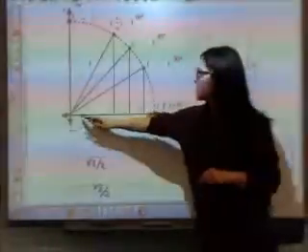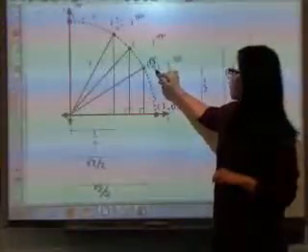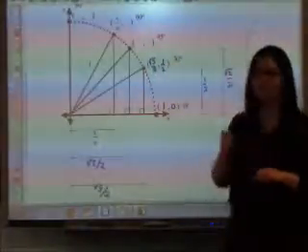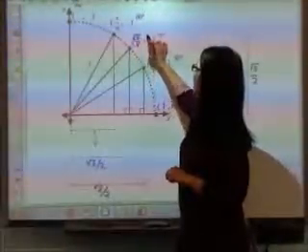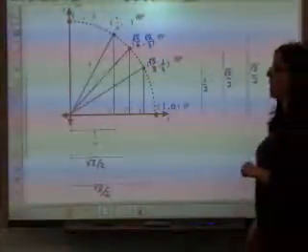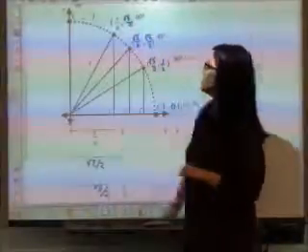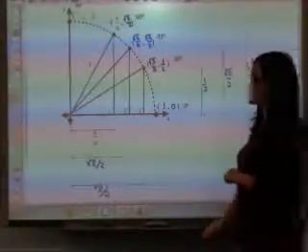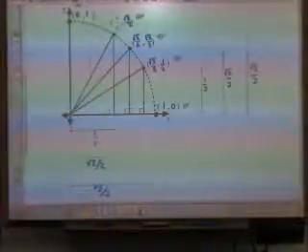At 30 degrees, my x value was root 3 over 2, my y value was 1/2. At 45 degrees, the values are the same at root 2 over 2. At 60 degrees, my x value is 1/2, and my y value is root 3 over 2. And at 90 degrees, my x value was 0, and my y value was 1.